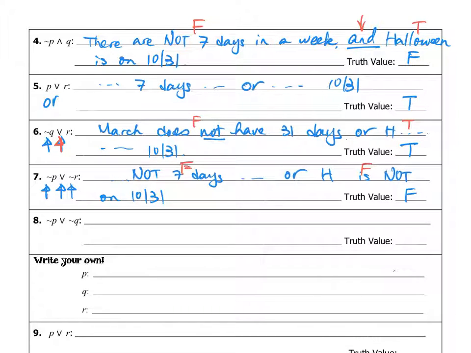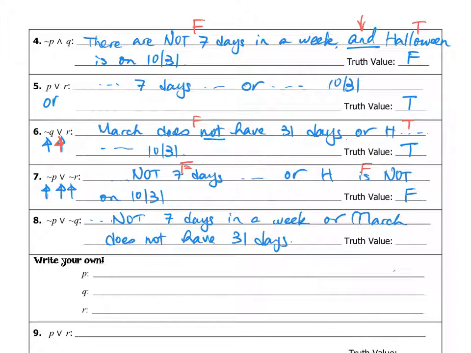Number 8, not P or not Q. So there are not 7 days in a week, or March does not have 31 days. So let's see, there are not 7 days in a week, or March does not have 31 days.